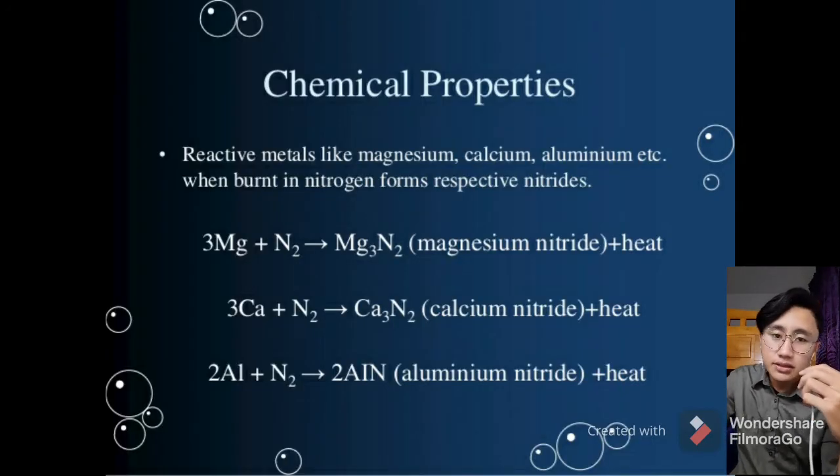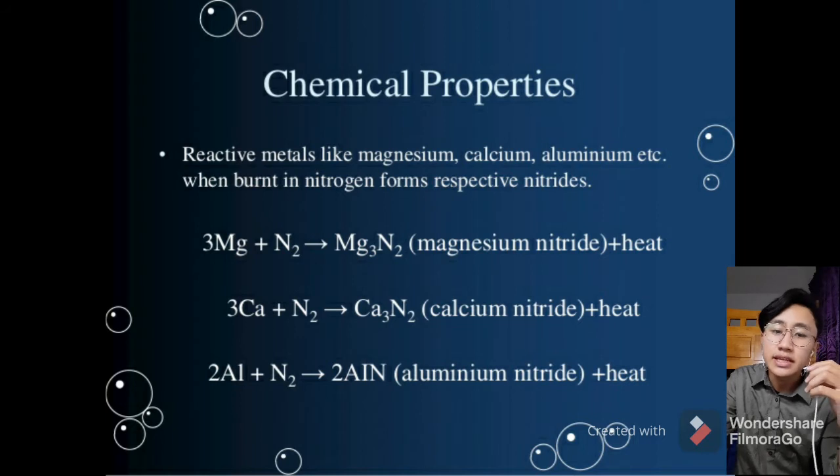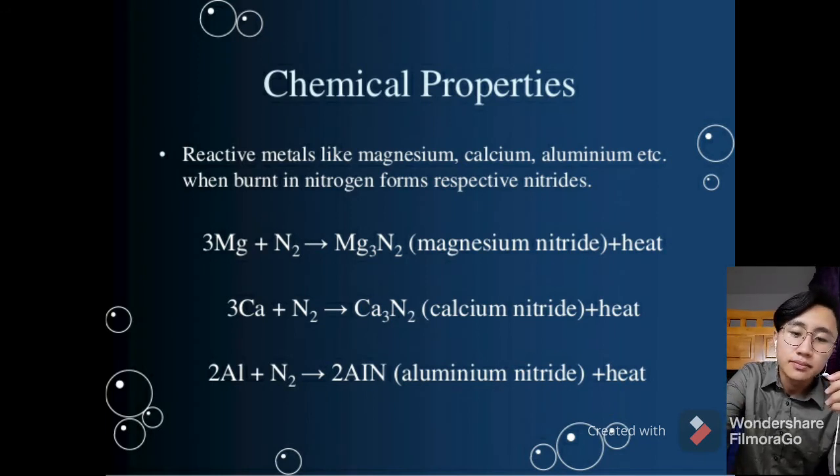Next, reactive metals like magnesium, calcium, aluminum, and other reactive metals, when burned in nitrogen, form the respective nitrides. As shown below, magnesium plus nitrogen will form magnesium nitride with heat, calcium reacts with nitrogen to form calcium nitride with heat, and lastly, aluminum reacts with nitrogen to form aluminum nitride with heat.